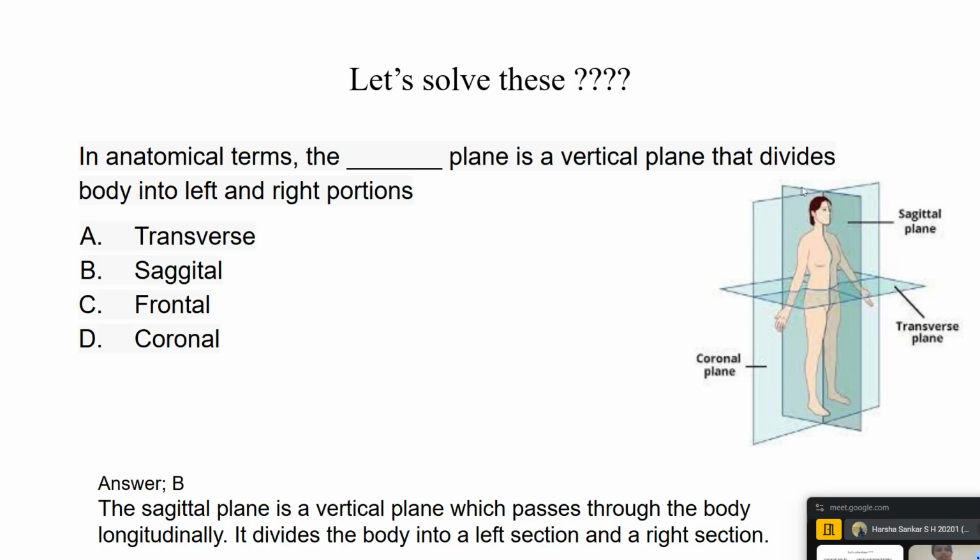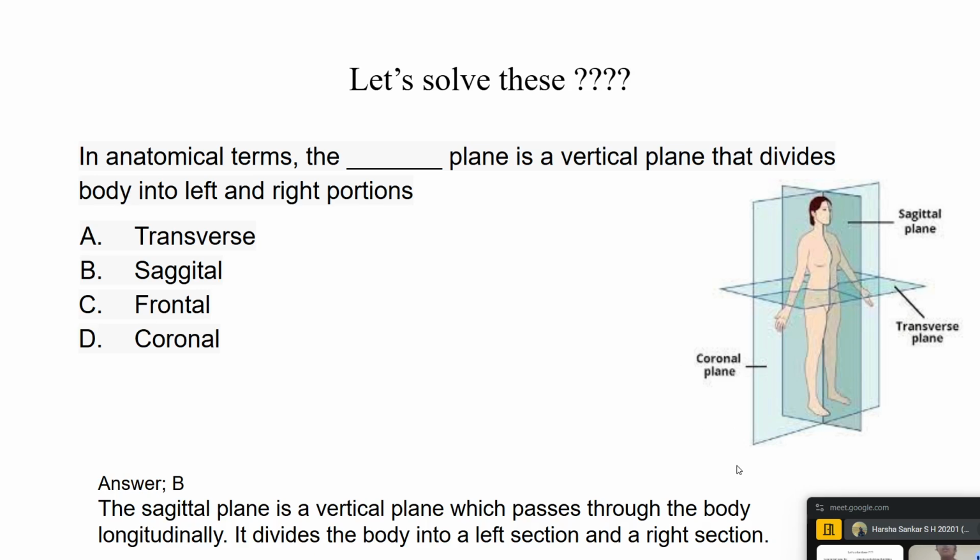Right? Remember this. This is the sagittal plane, which divides our body into equal right and left halves. And there is a plane that can cut like this, right? If it cuts like this, we get equal front and back portions. That plane is called the coronal plane. Now, what is the transverse plane?